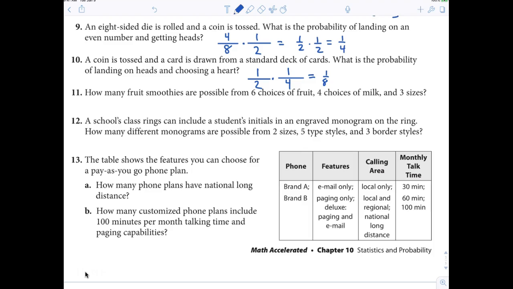Let me hear you. Go, Yusuf. Number 11. What do you have to do? Yes, you do. So what do I put? Yes, you do, buddy. Good job. Now multiply that out for me.